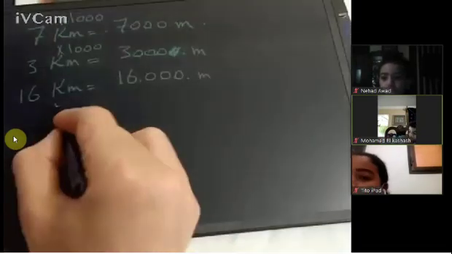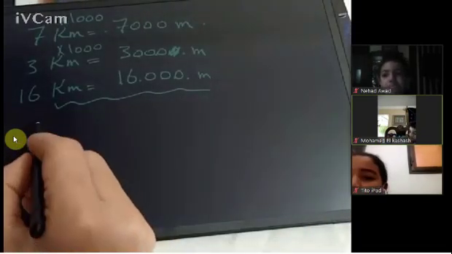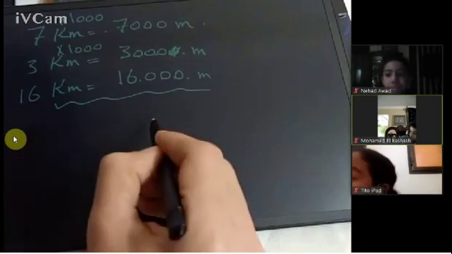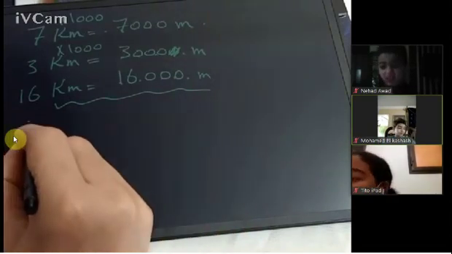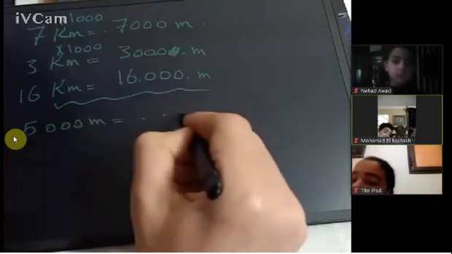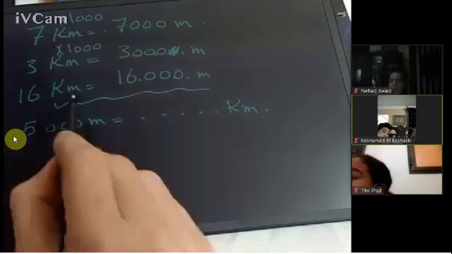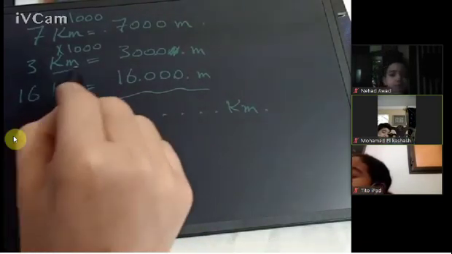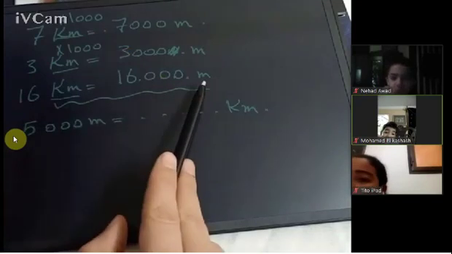The other part is in the same kilometer and meter. If we go from meter to kilometer, what will I do? If I have 5,000 meters equals how many kilometers? If you look at the 3 examples that we wrote here, they were from kilometer to meter.